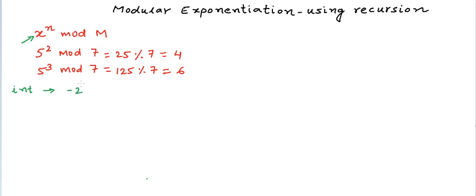So the value ranges from -2 to the power 31 to 2 to the power 31. So if we want to calculate 2 to the power 100, say, then it will not fit in an integer variable. We can have a variable like long or double that stores higher values, but still they will not be good enough to store x to the power n, even for some moderately high values of x and n.